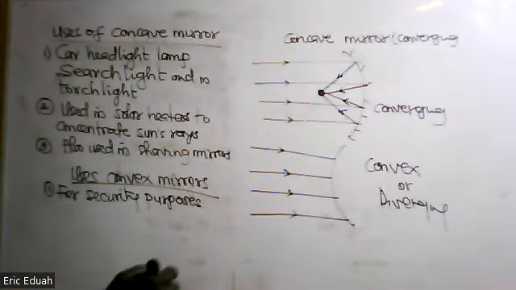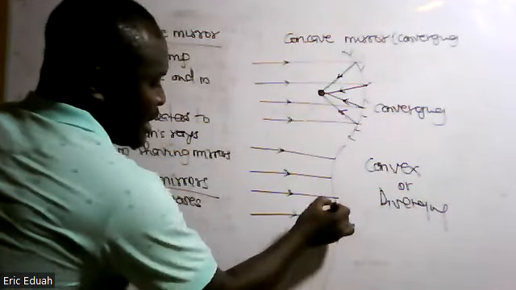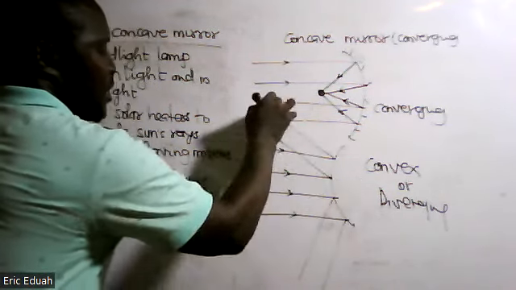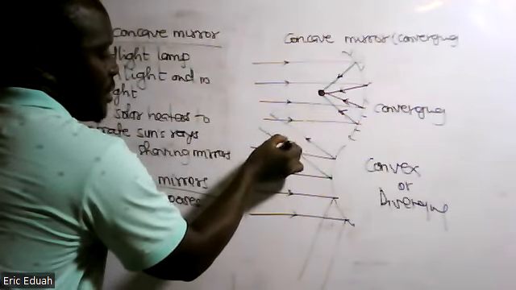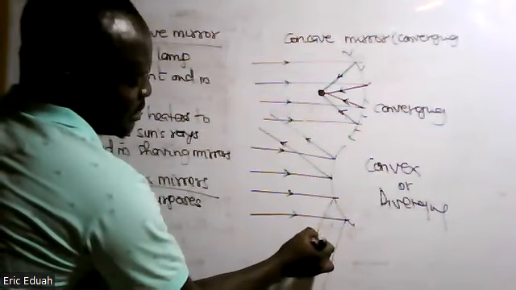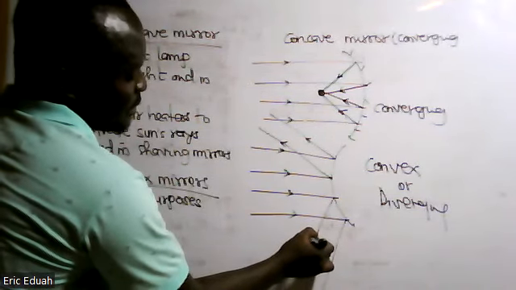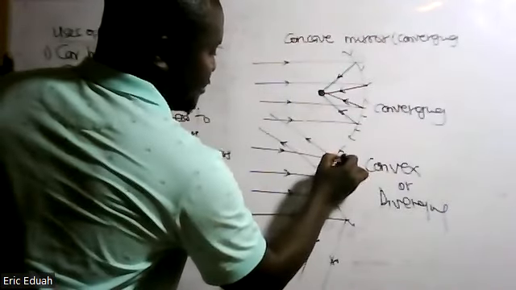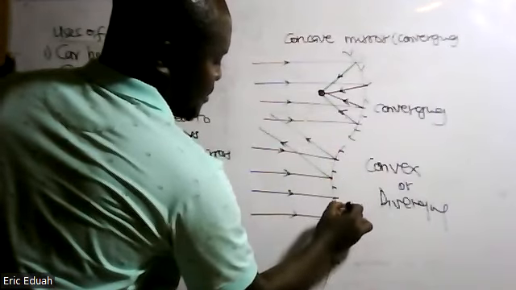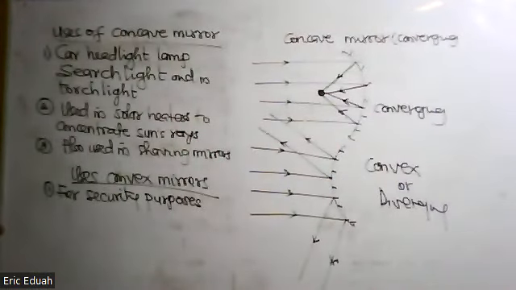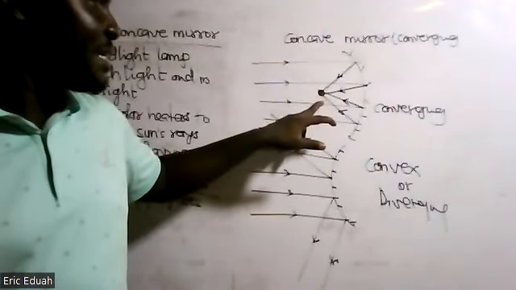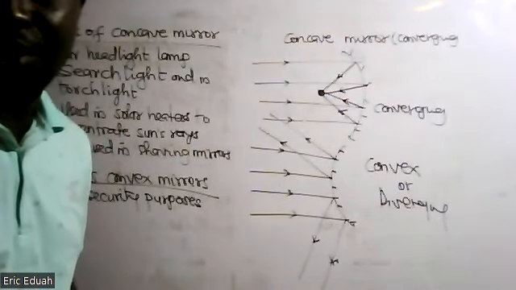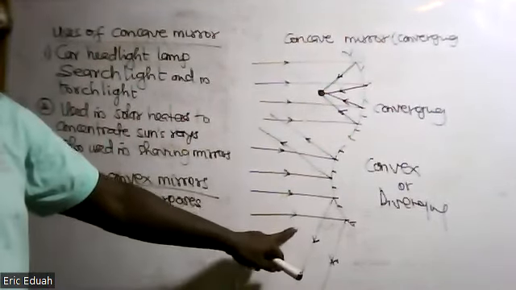When the rays hit the mirror, they are diverged or they spread out, hence their name. So that is why concave mirror is known as a convergent mirror, and convex mirror is also known as divergent mirror.